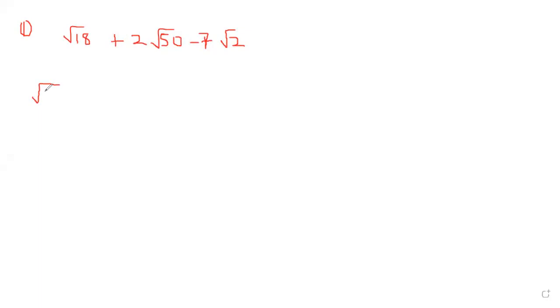So for 2, there are no 2 numbers that multiply to give you 2. No 2 numbers multiply to give you 3. No 2 numbers multiply to give you 5, except 5 and 1. That is what we mean. But 18 can be broken down. It's not a prime number. 50 can also be broken down.